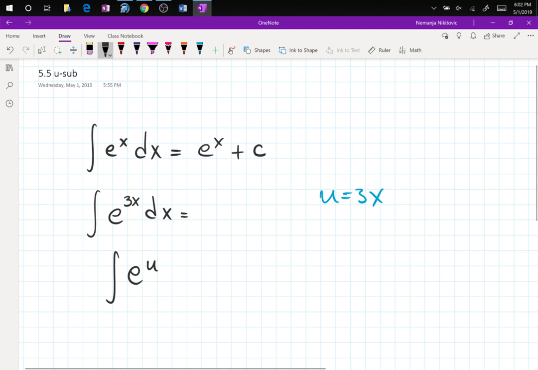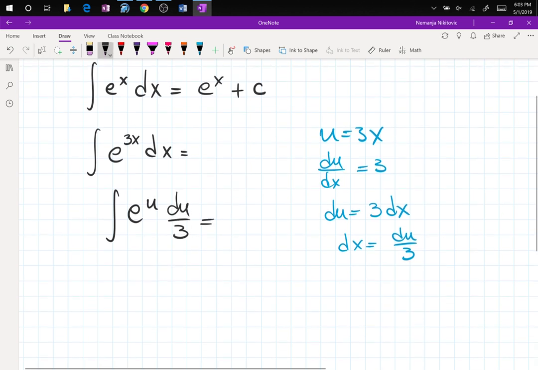Now you take the derivative, so du dx is equal to 3. When you ship dx to the other side, just like you did in the differential, you see that your dx can be replaced by du divided by 3. Okay?